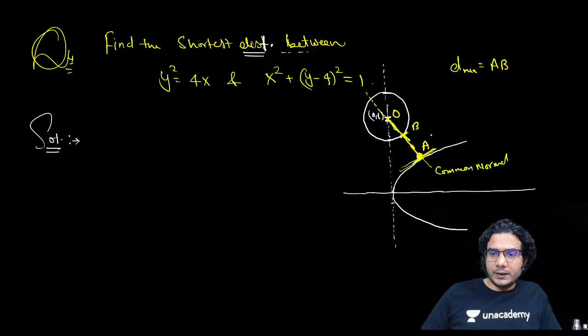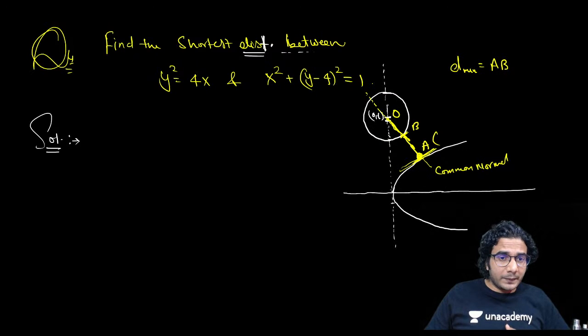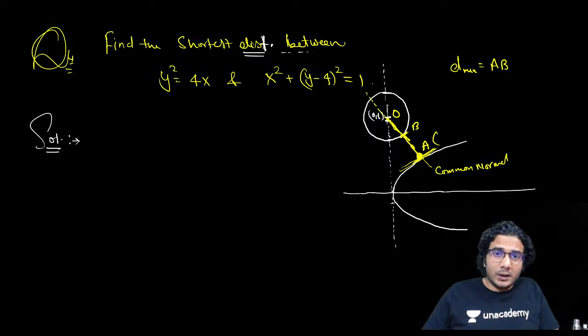So how to start? You can take this point in terms of t, and you know how to write the equation of normal. We generally remember the equation of normal for this particular parabola, and even if it is a different parabola, you can write the equation of normal. Because it's a standard parabola, we can take this point at square comma 2at.